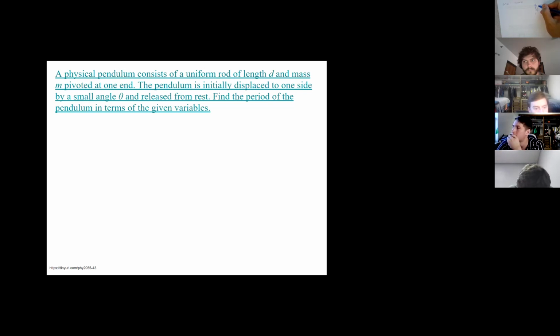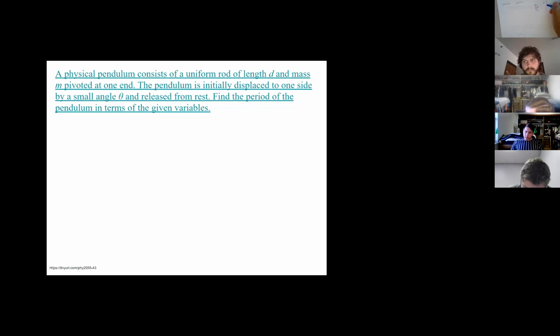So the whole thing has length d. For a uniform rod, you can imagine that the center of mass should be at the middle, right? So then L will be equal to 1/2 d, because L is defined as the distance from the center of mass to the pivot point.